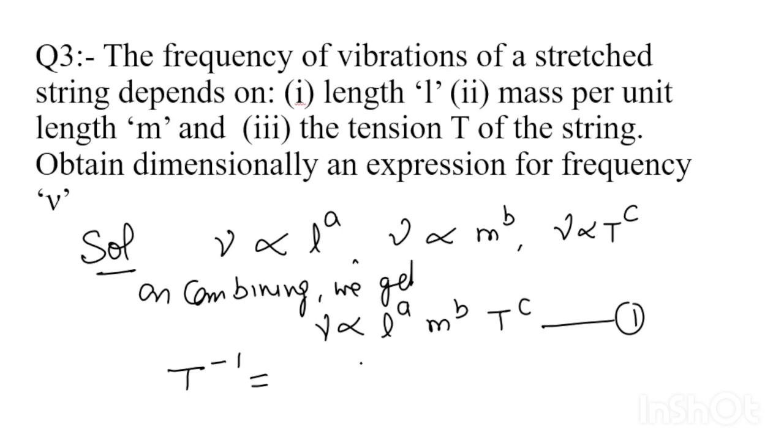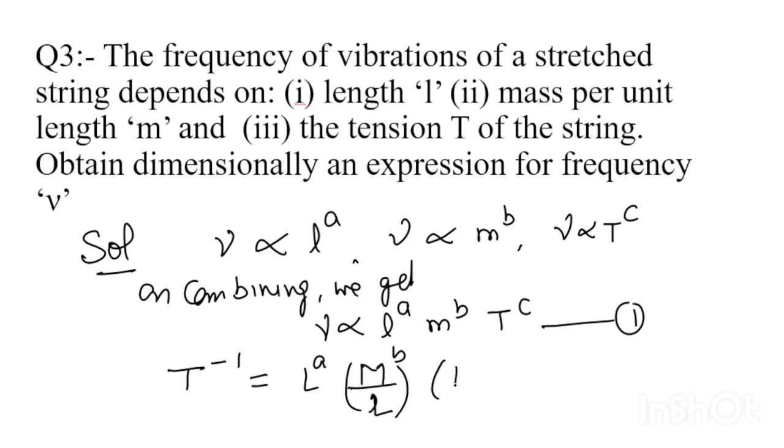Equal to dimension of length is L power A. Dimension of mass is M, so M power B. Now this is a mass per unit length, so we write M upon L power B. And this T is the tension.